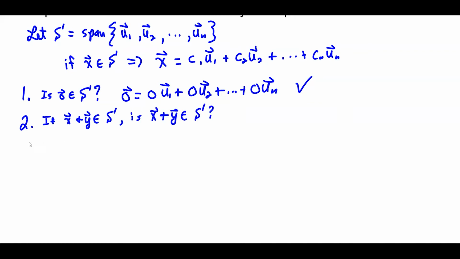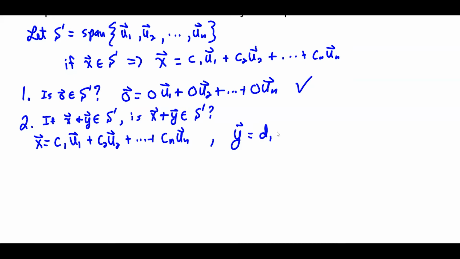So let's just say x is this vector c1 u1 plus c2 u2 plus c sub n u sub n, and then y, it's also in S, so it's got different coefficients, but the vectors are the same.